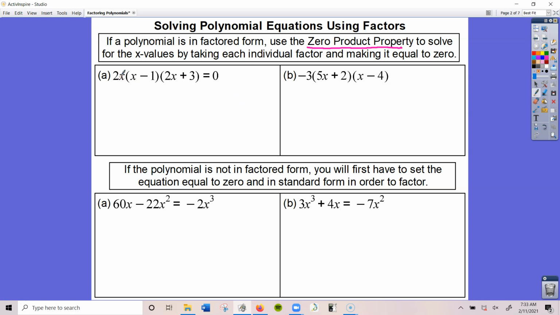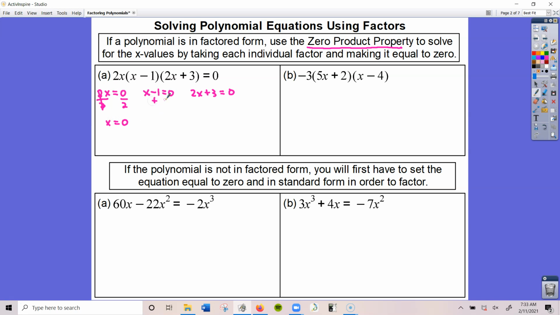And that means that you take each individual factor, so 2x, and we make it equal to 0. And x minus 1 equals 0, and 2x plus 3 is equal to 0. Then, in order to solve, we need to solve for x. In this factor, we would divide by 2, and 0 divided by anything is still 0.